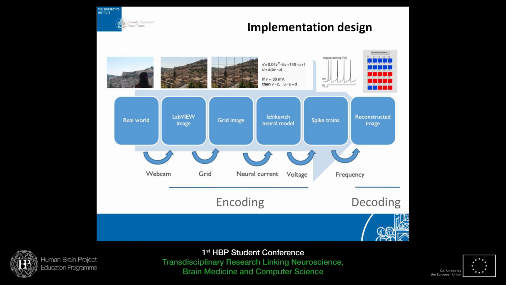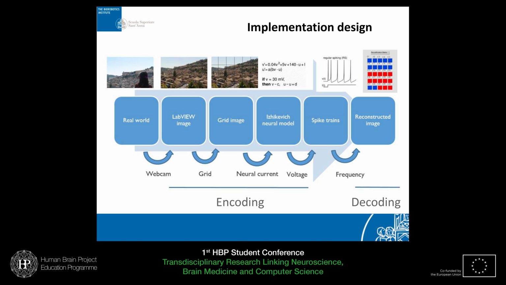This value of current will feed a neural model, which in our case is the Izhikevich neural model. By solving these two differential equations, we obtain a voltage dynamic. In the decoding phase, finally, these voltage dynamics are analyzed in the frequency domain. Based on the firing frequency of a neuron, we can recognize the color, thus having a partial reconstruction of the image based on the color.